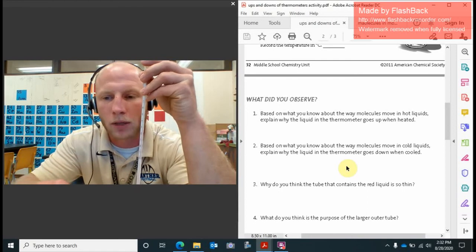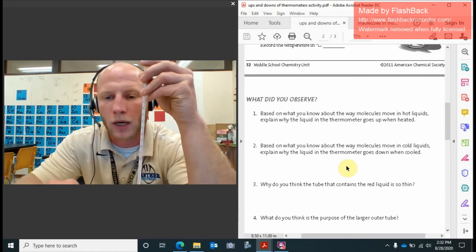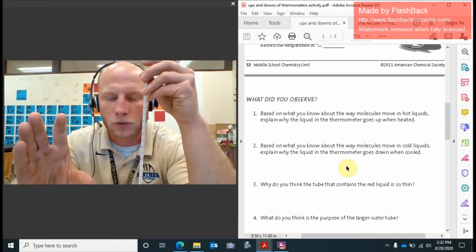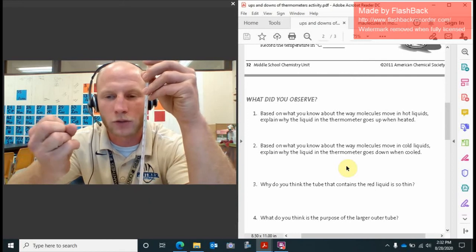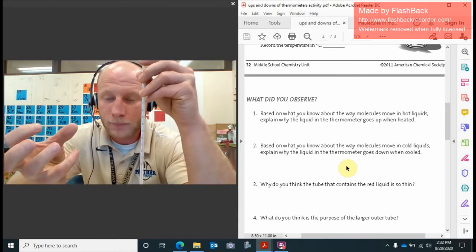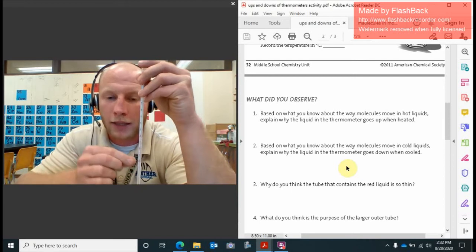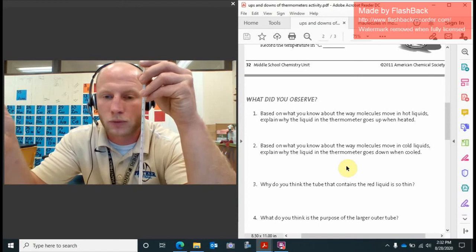Okay, and then number 2 is just the exact opposite of that. Based on what you know about the way molecules move in cold liquids, explain why the liquid in the thermometer goes down. Well, we take away energy, the particles begin to slow down, the attractive forces begin to take over because they're slowing down, they're getting closer together, and they're like magnets, right? Because they are attracted to each other somewhat. Like I said, alcohol doesn't have as great of an attraction between the particles as water particles do to each other.